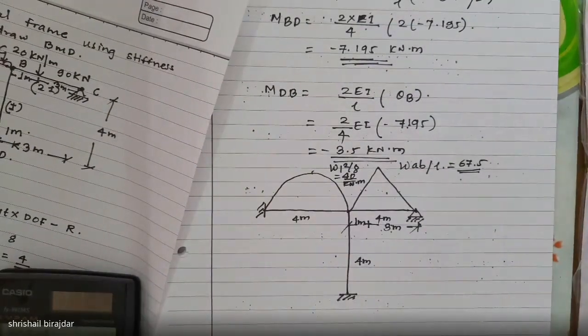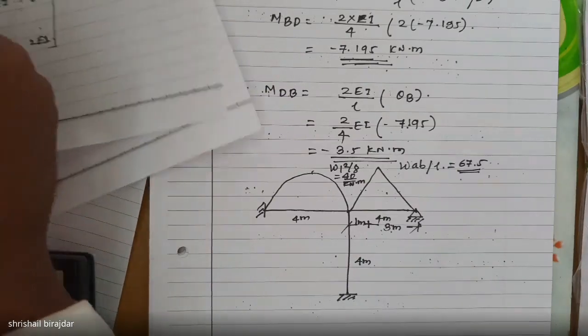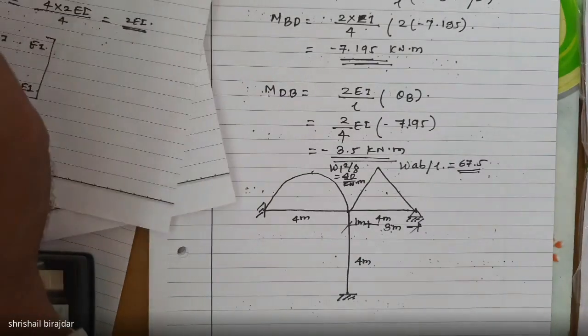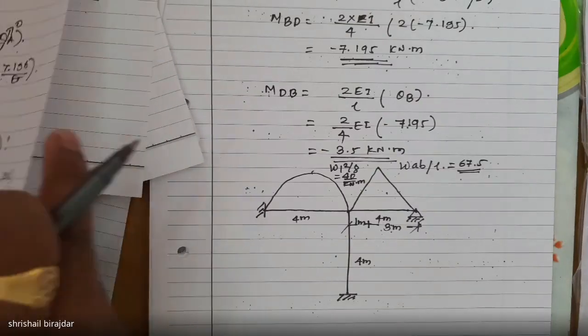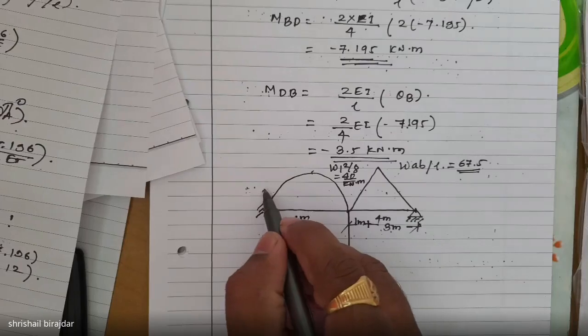We will get the simply supported bending moment diagram. You just overlap these moments, which we get with the help of the stiffness matrix method, on the simply supported bending moment diagram. Here is the 33. Exactly, we'll get 33.